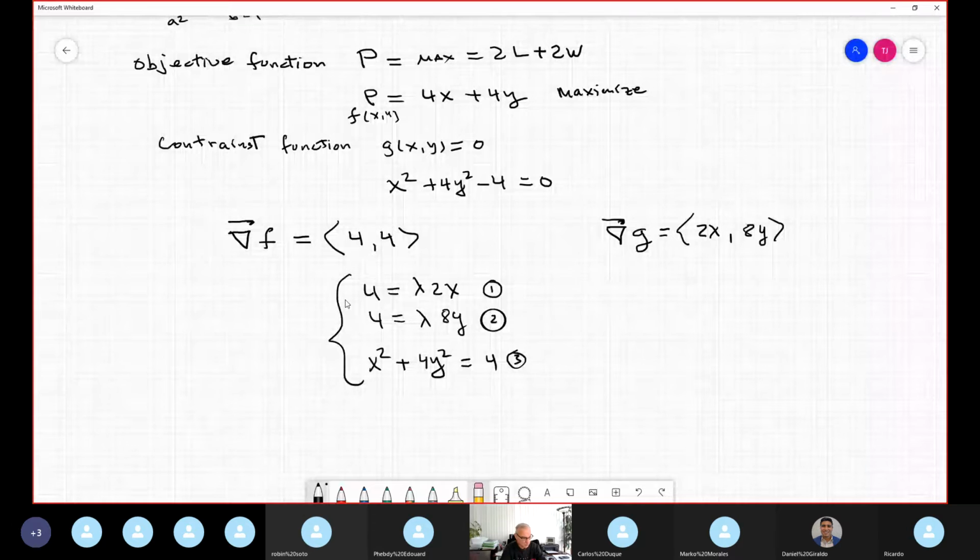So what do you think, guys? Let's do it by hand, or let's do it using Wolfram Alpha? You can help me or no? And remember, we need to obtain the location, the position of the rectangle.